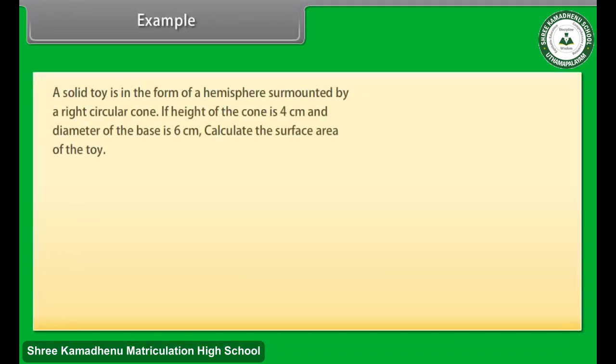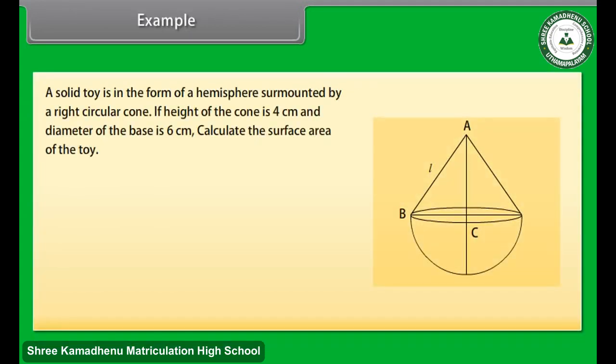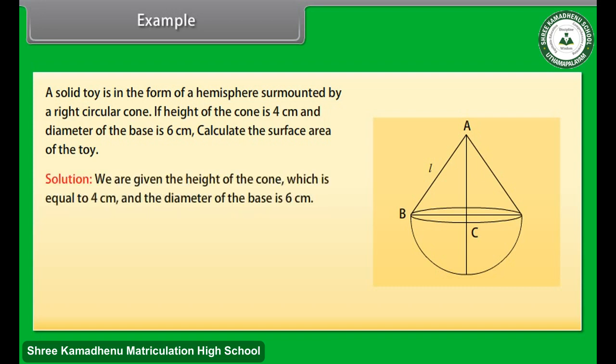Example. A solid toy is in the form of a hemisphere surmounted by a right circular cone. If the height of the cone is 4 cm and the diameter of the base is 6 cm, calculate the surface area of the toy. Solution. We are given the height of the cone, which is equal to 4 cm, and the diameter of the base is 6 cm.